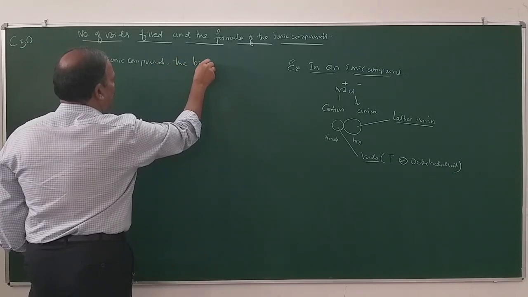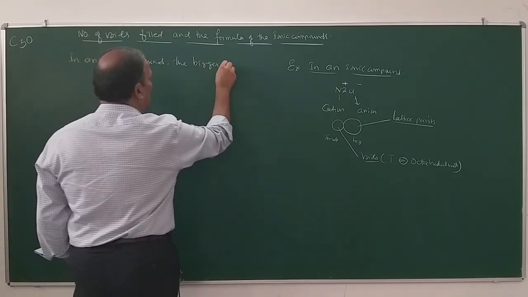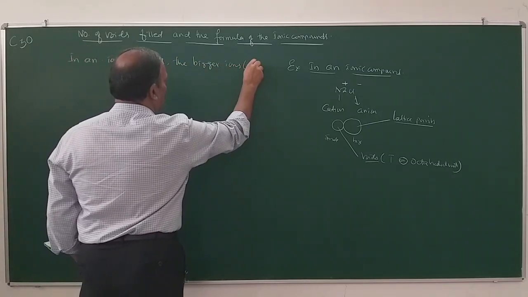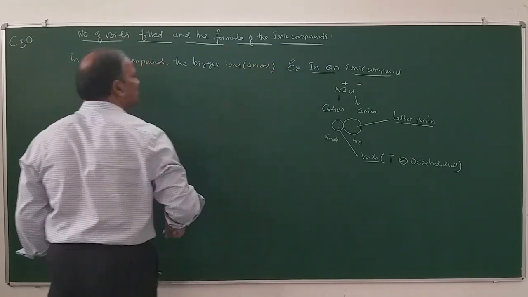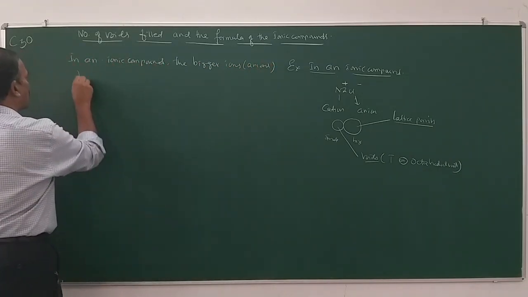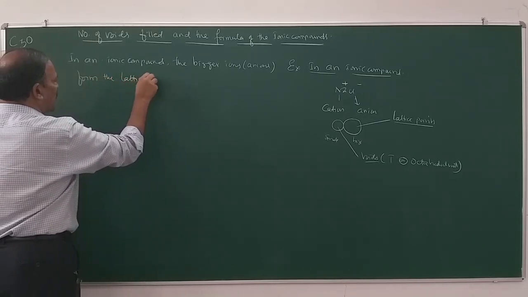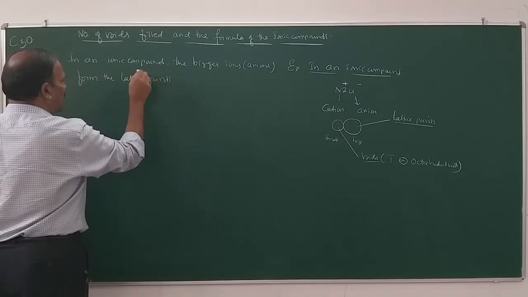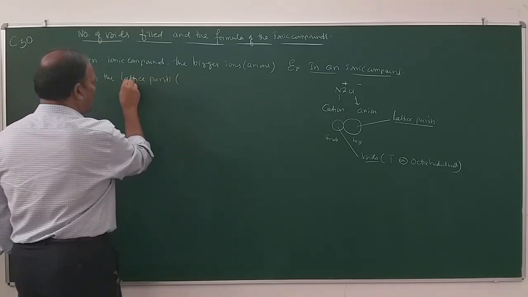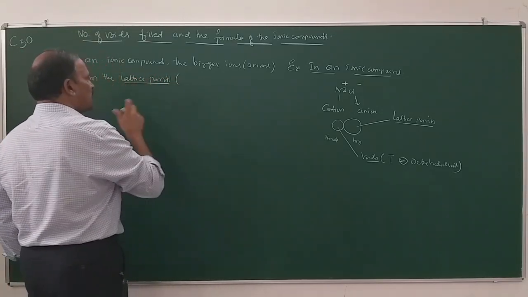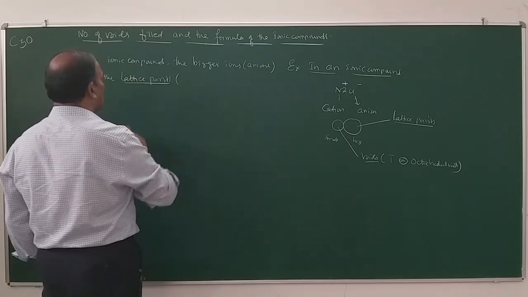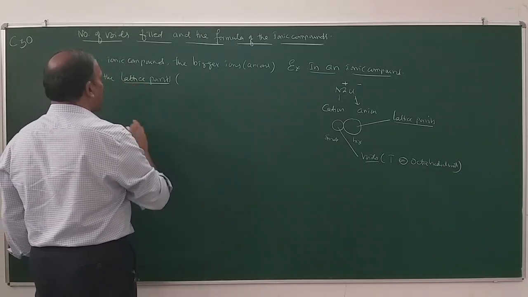So write down: in an ionic compound, the bigger ions, usually anions, form the lattice points. What are lattice points? Form the lattice points means these anions will occupy the lattice sites.